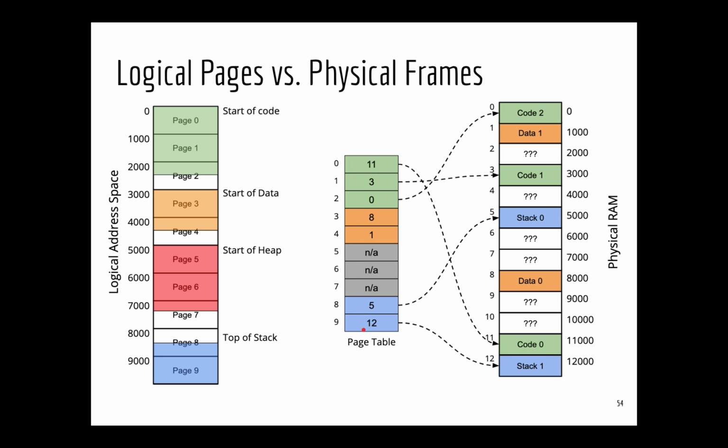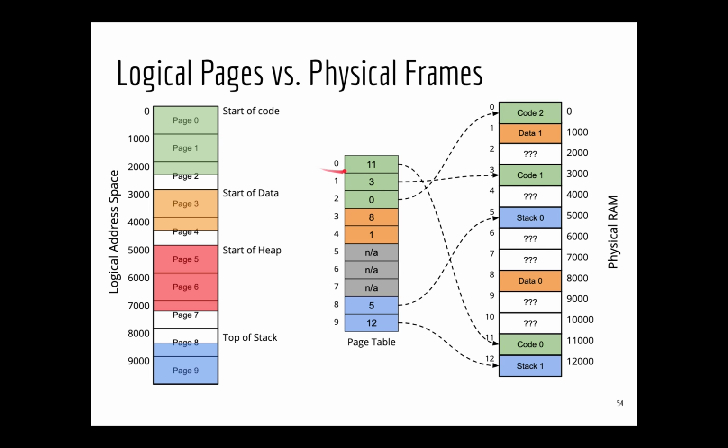And out of the 10 entries in our page table, the first 3 entries correspond to the code because the first 3 pages are our code, and the next 2 pages are our data, and that's why index 3 and index 4 will be used for the data pages. And the number inside the page table will tell us where to find each frame or each page.